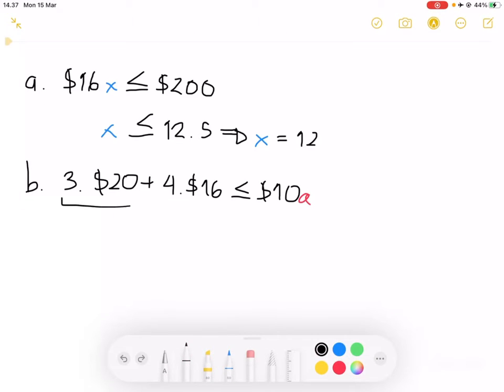Notice the left hand side will simplify to $124.